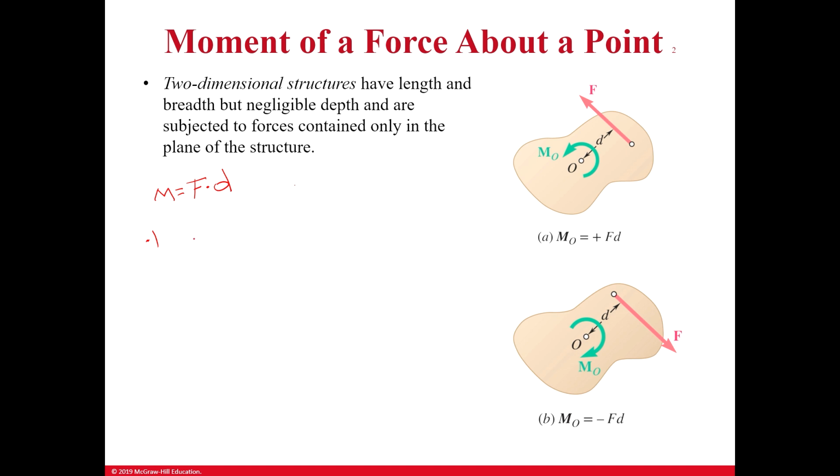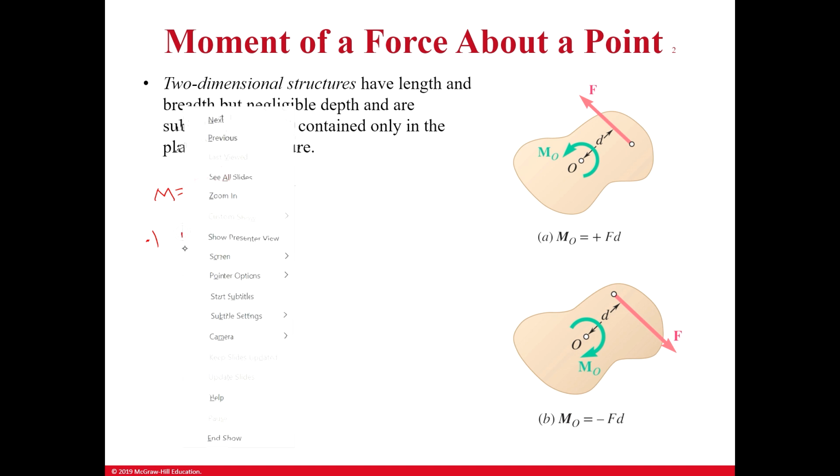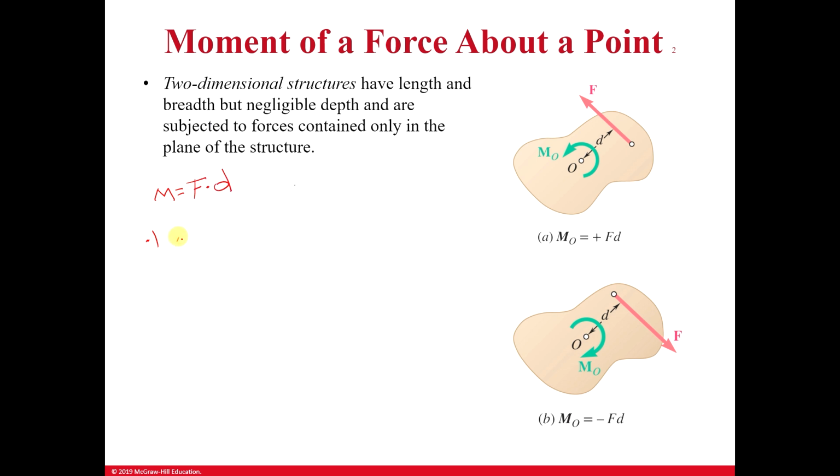So in a case where you have a fixed, say a fixed beam, and you apply a force, okay, the moment is from the point of the force to where you want to measure the moment at.